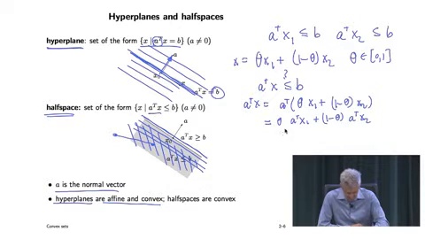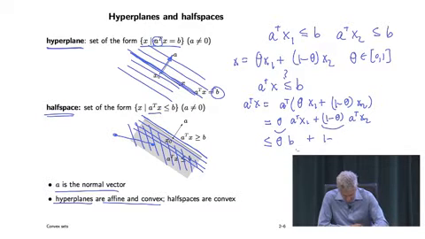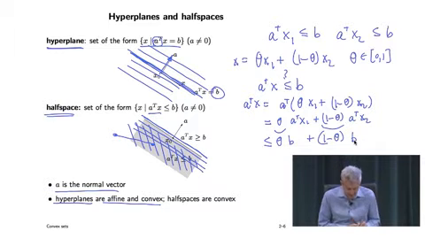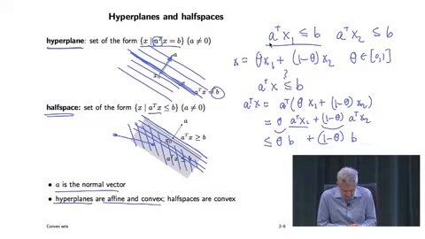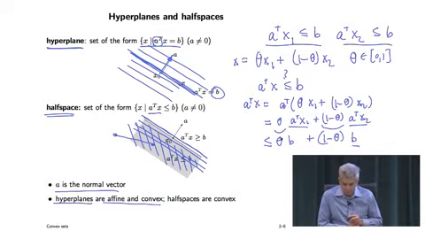Now, theta and 1 minus theta are non-negative, so that's less than or equal to theta b plus (1 minus theta) b. And I'm using the following fact here. This number is less than that number. That's our assumption. And finally, we get this, and that's of course equal to b, and we're done.